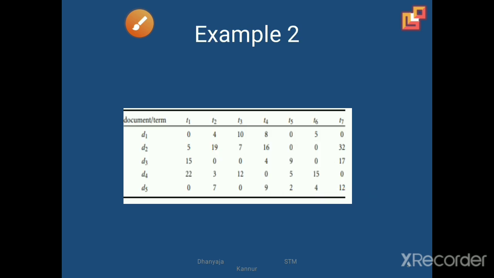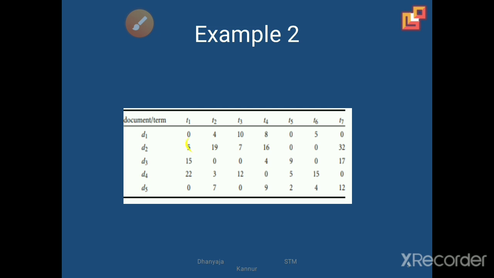In this example, you can see 5 documents are there and 7 terms are given. Here in this question, this matrix is known as the term frequency matrix. Here the row represents the document vector, and the column represents the term.